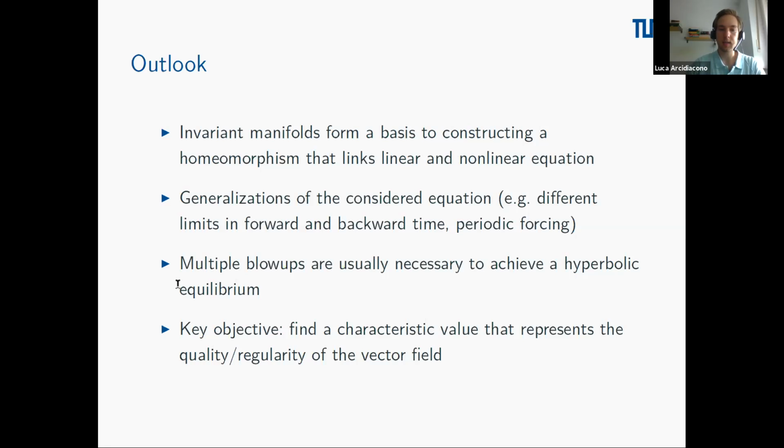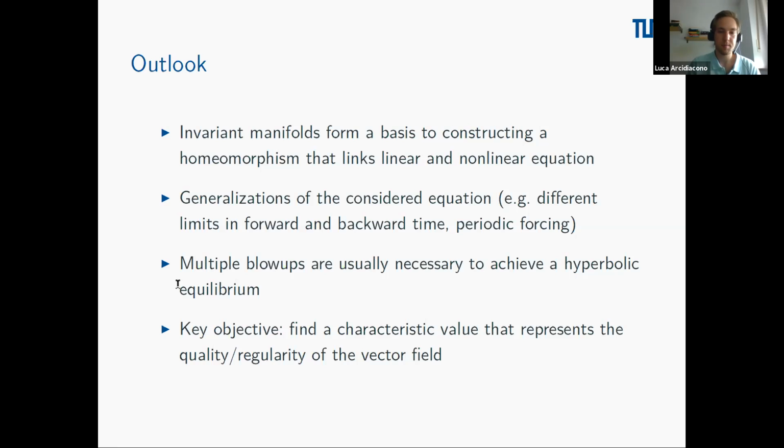So, as already pointed out, it is quite usual that we seek not only one blow-up, but repeated blow-ups, because usually only one blow-up is not enough to completely make it hyperbolic. So we here assume that it is sufficient to perform one blow-up to get it into a hyperbolic state.